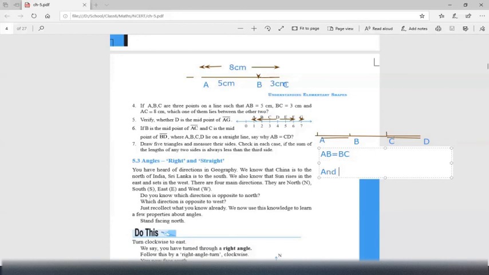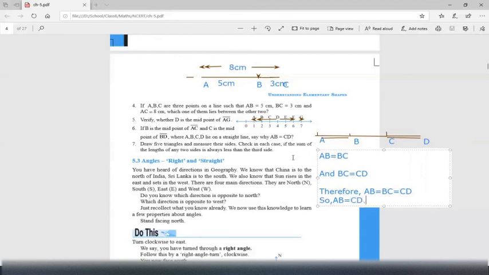And BC is equal to CD. What does it mean? AB equal to BC equal to CD. So AB is equal to CD. Therefore, we can say AB is equal to CD. So it was answer number 6.